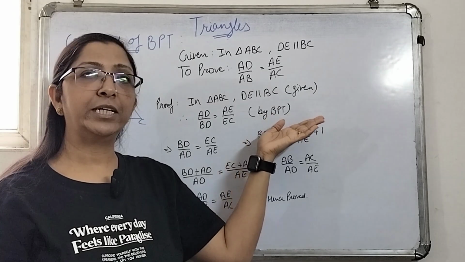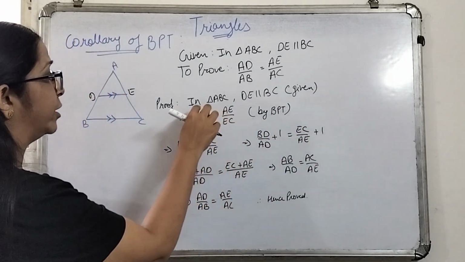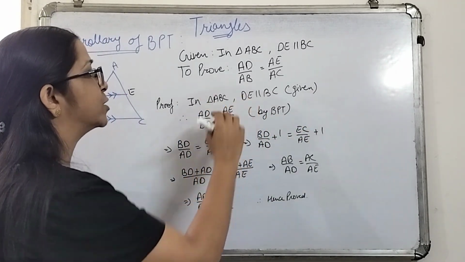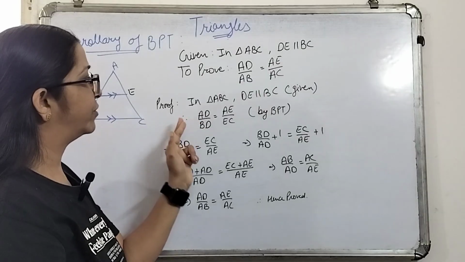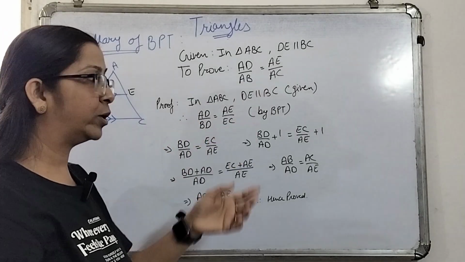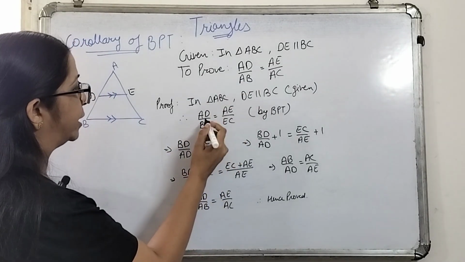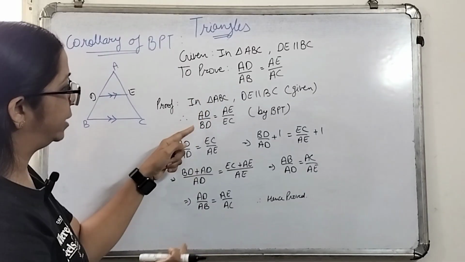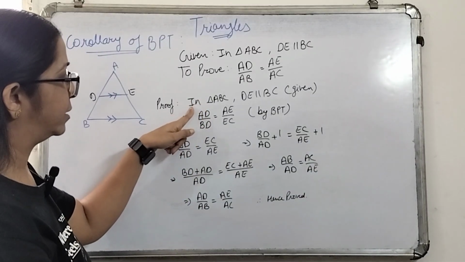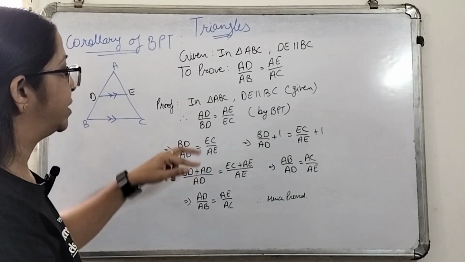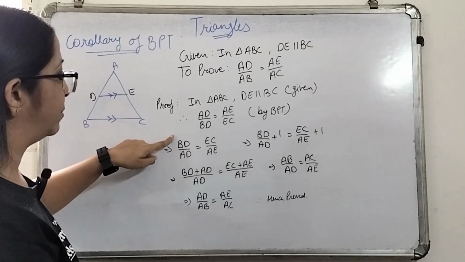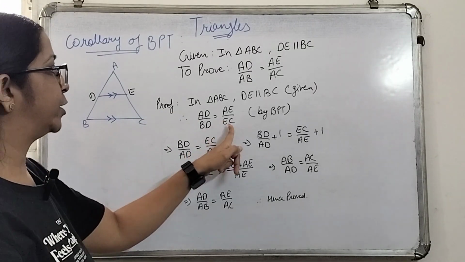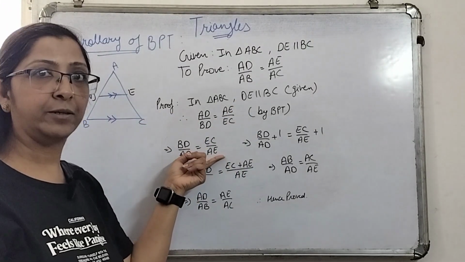Now, if we reverse both the ratios, then also they will be equal. So it will become BD over AD is equivalent to EC over AE, with the earlier numerator now as the denominator.